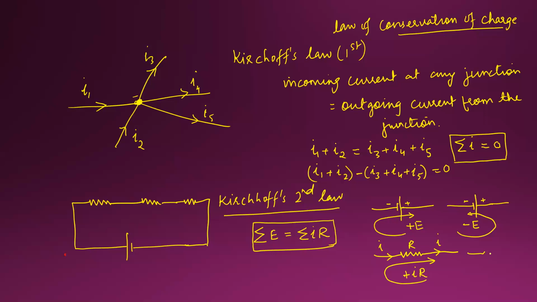And if the loop direction is opposite to the direction of current flow, then we have to consider it as a negative potential difference.